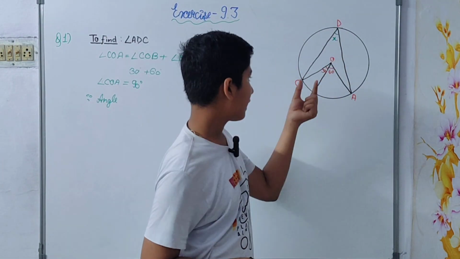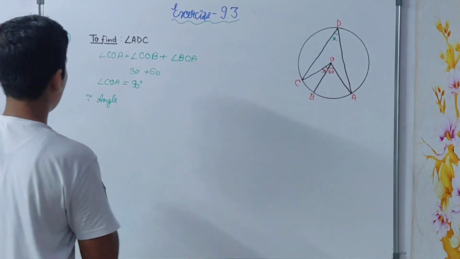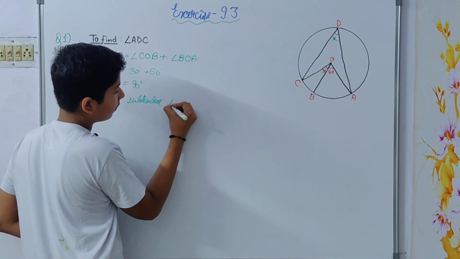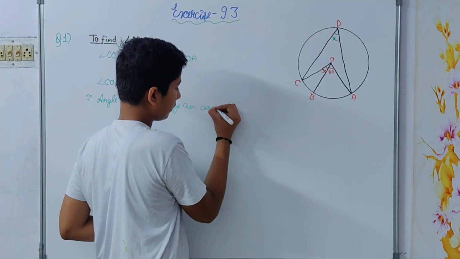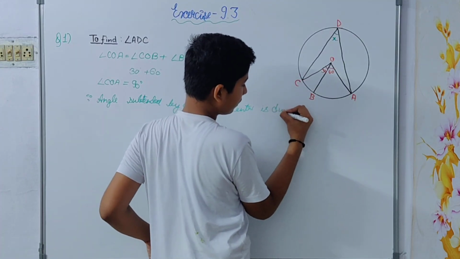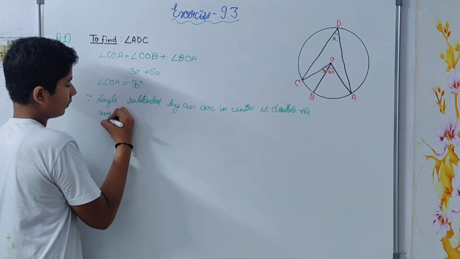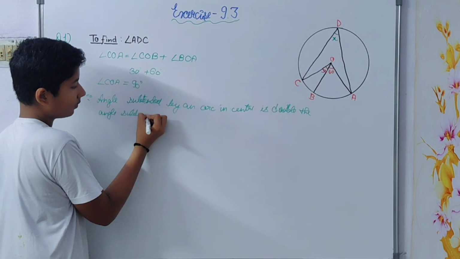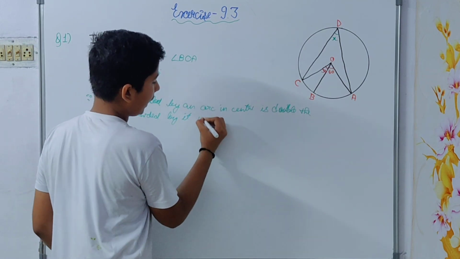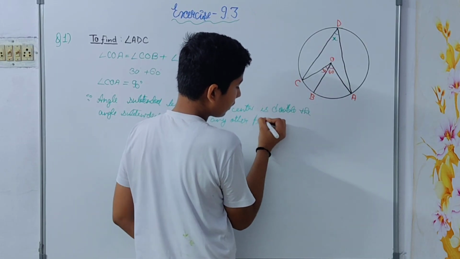Angle subtended by an arc at the center, which is 90 degrees, is double of X.